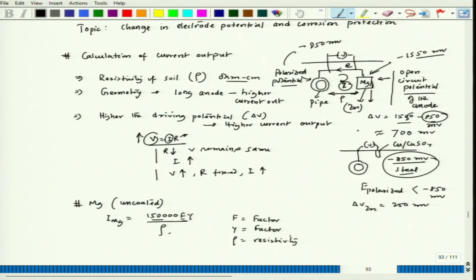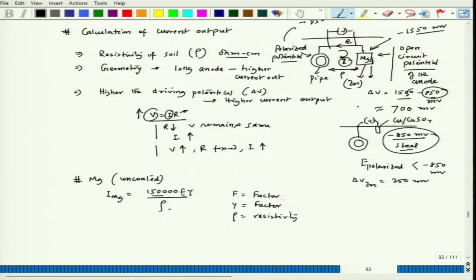Fine. Now, these are all decided by the anode weights as well as the length and diameter of those pipes.